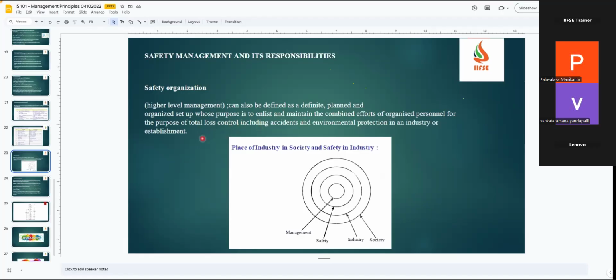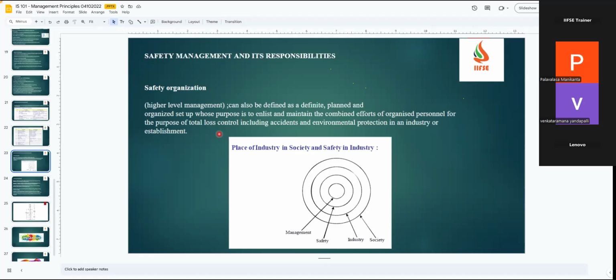When I talk about the higher management, their purpose is to control the total loss or overall loss, including incidents and environmental protection, in an industry or establishment. When you say total loss, two things come in. One is the loss to people, like human injuries.